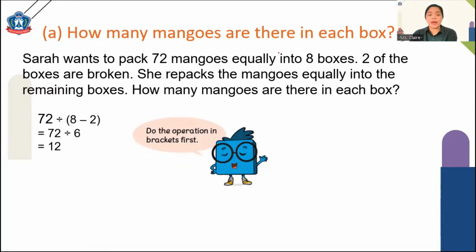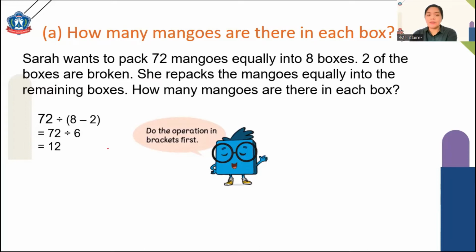We will subtract 2 from 8 because it's not exactly 8 boxes anymore. Then after that, she repacks the mangoes again. So we have 72 divided by, open parenthesis, 8 minus 2, close parenthesis. Which one will we compute first?